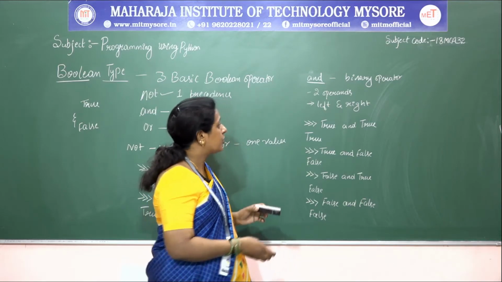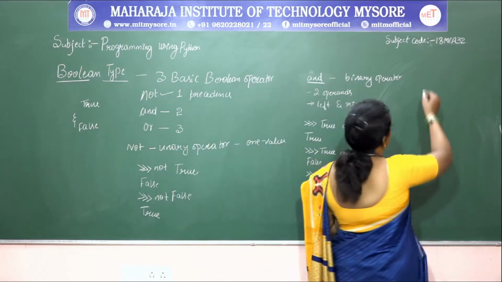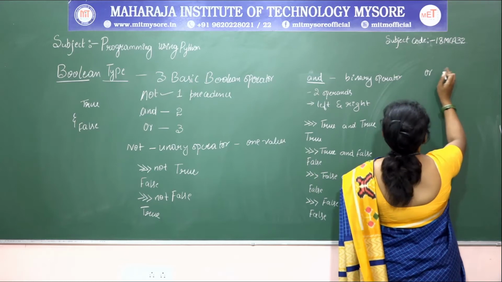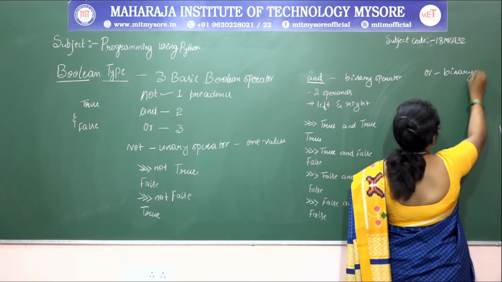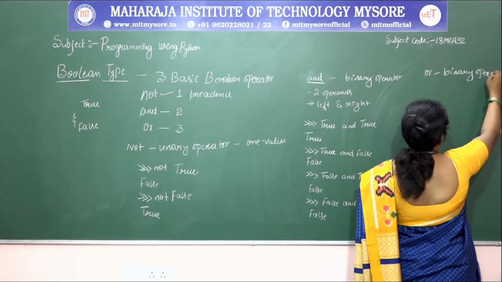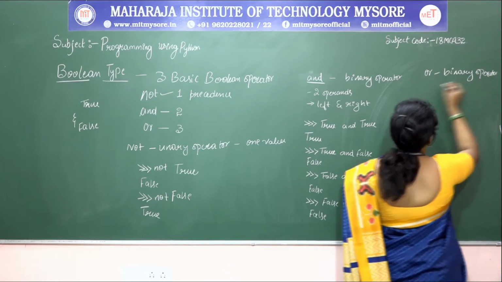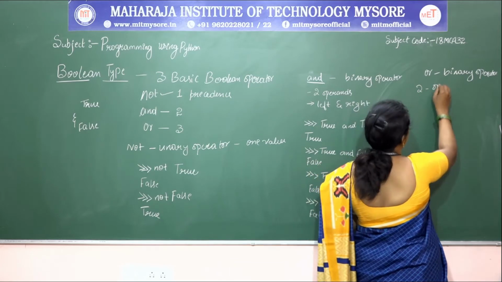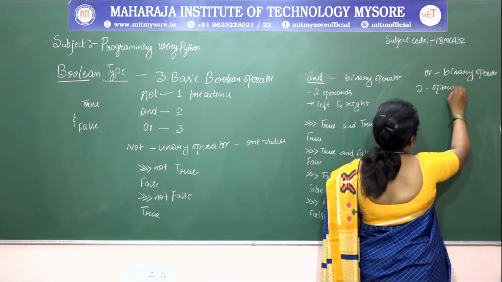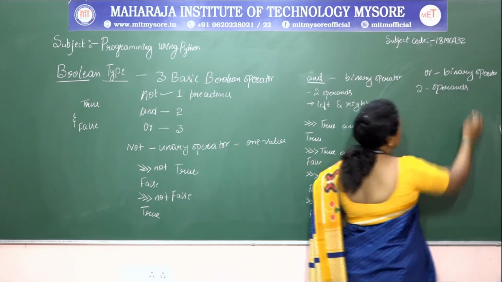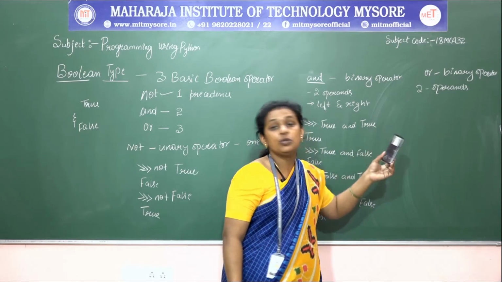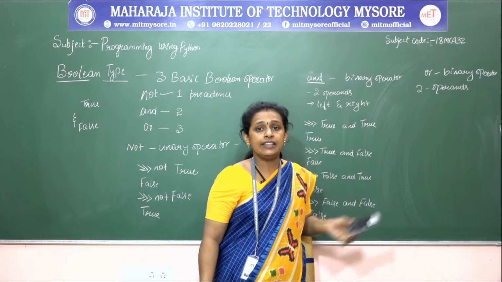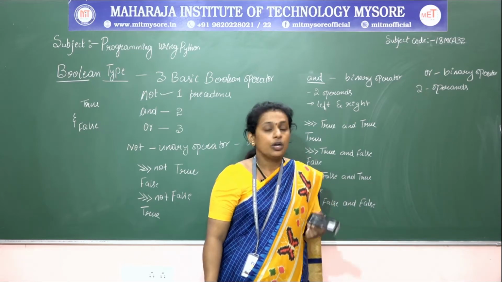Let's go with or. Or is also a binary operator, so it takes two operands.